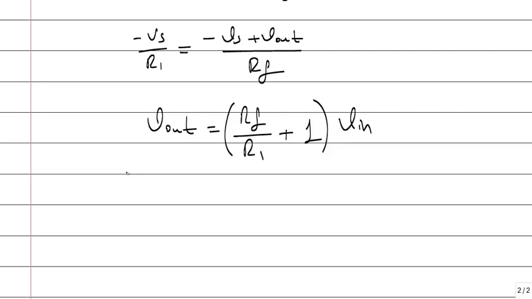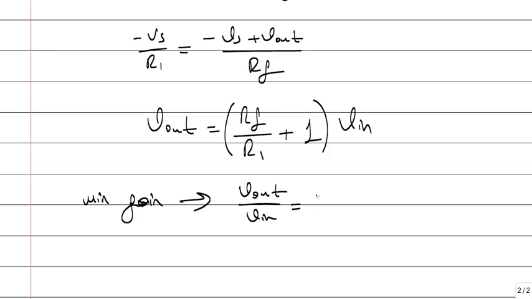So this is an amplifier. So what can be the minimum gain? What's gain? Gain means V out divided by V in. What can be the minimum value of this? If RF is 0, we know that resistances cannot be negative. Okay, they can be at least 0.